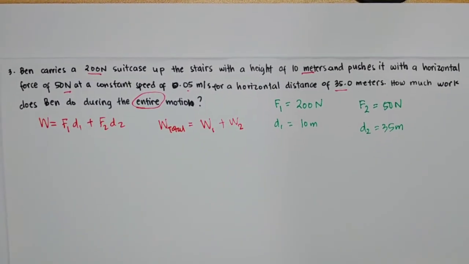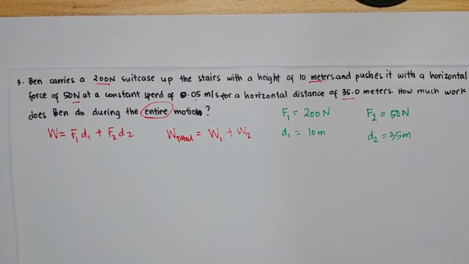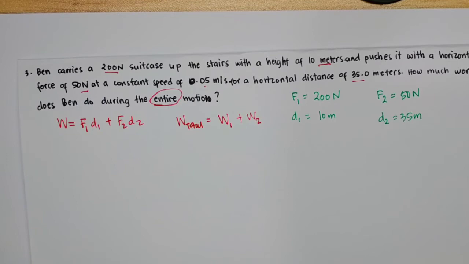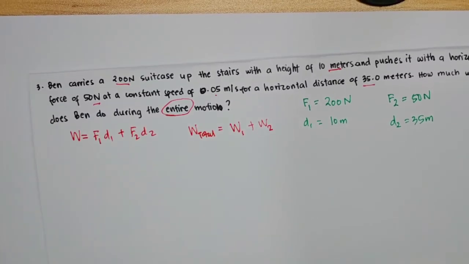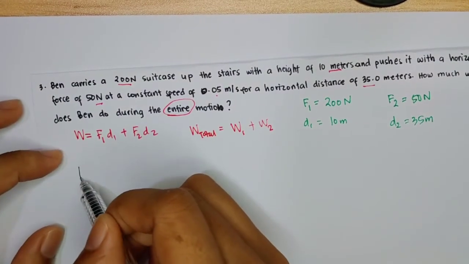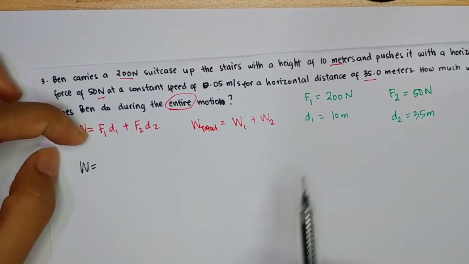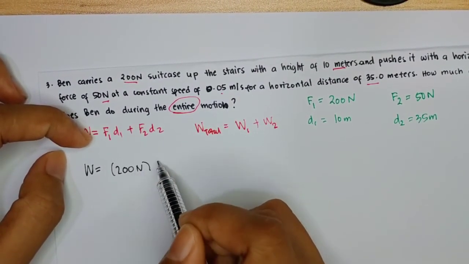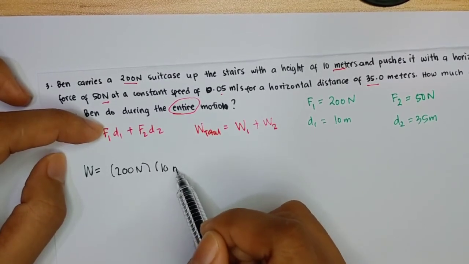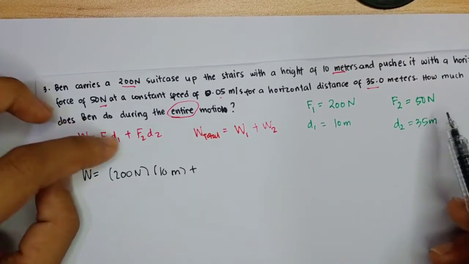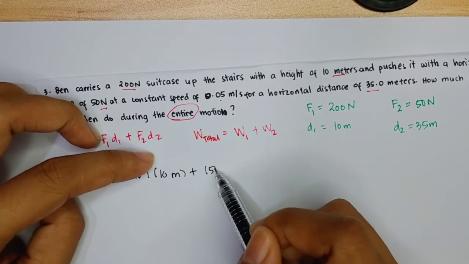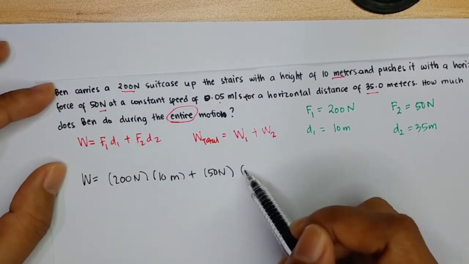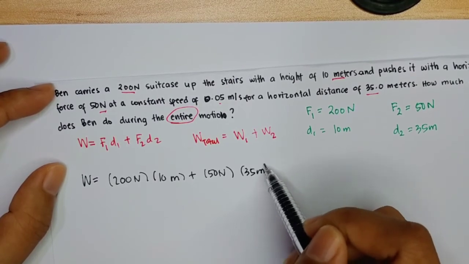Okay, so we can now substitute our given to the equation. So we have F1, that will be 200 Newton times 10 meters plus 50 Newton times 35 meters.